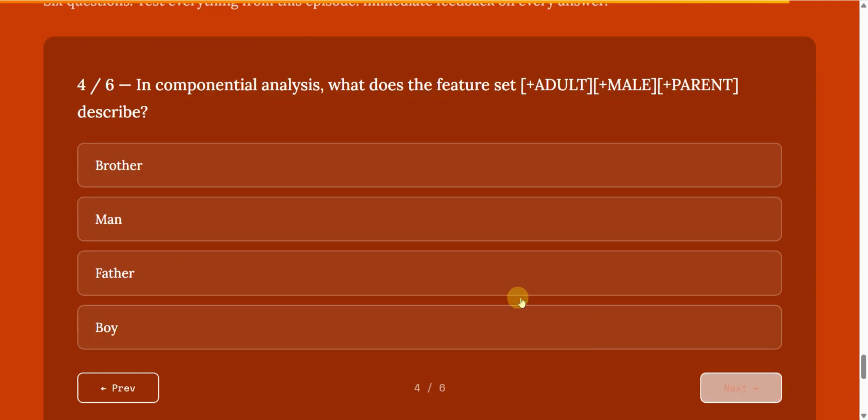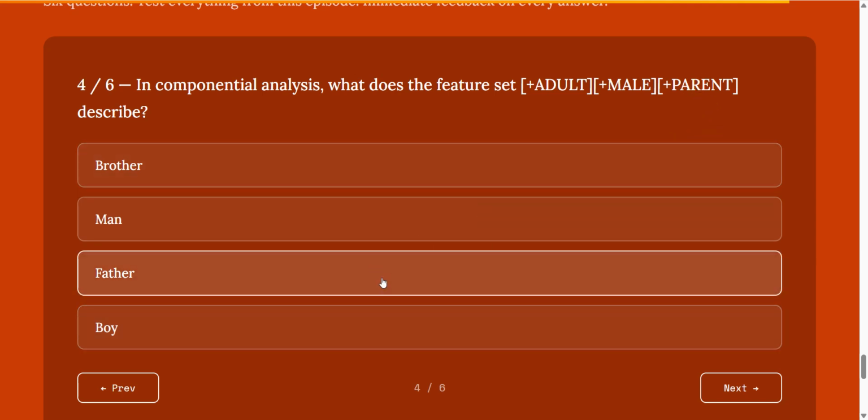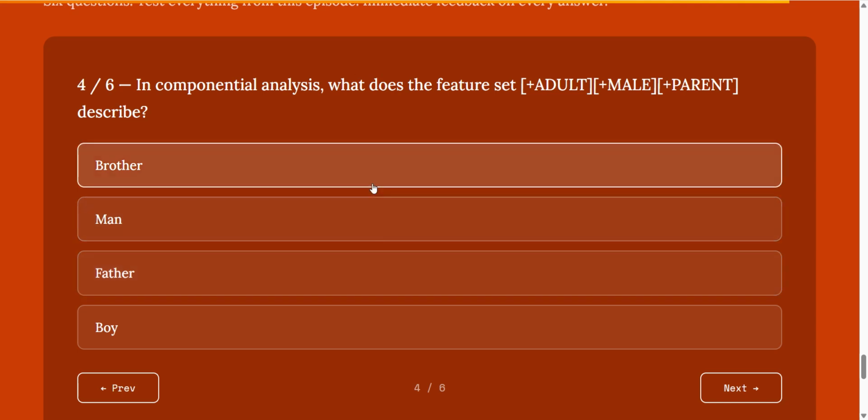Let's move on to the next one. In componential analysis, what does the feature set adult, male, parent describe? Brother, man, father, boy. Boy, is it a parent? No. So it is automatically cut by checking just one category. Brother, well, parent is not mentioned, so it is obviously cut.